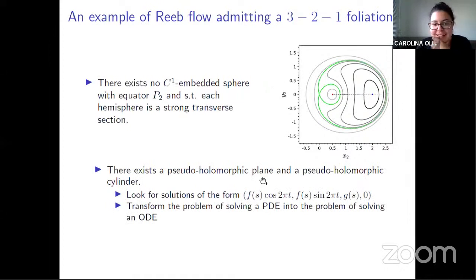So the second hypothesis is that in this case, we can really check that we have one pseudo-holomorphic plane asymptotic to the orbit with index 3, and one pseudo-holomorphic cylinder asymptotic to the orbit with index 3 and the orbit with index 1.